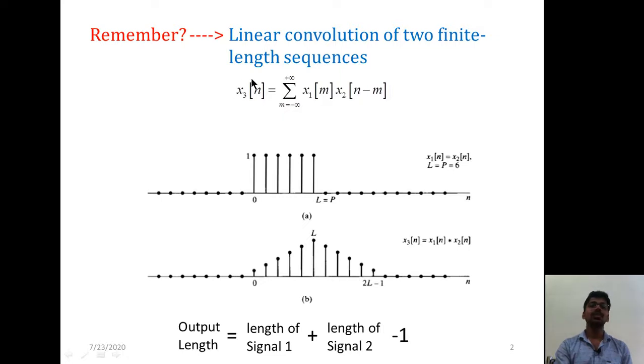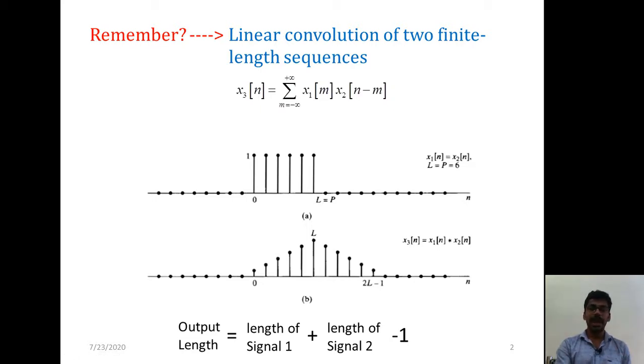The resulting convolution output has length equal to the length of the first input plus the length of the second input minus 1. So if x1 has length N1 and x2 has length N2, our output in a linear convolution will have length N1 plus N2 minus 1.